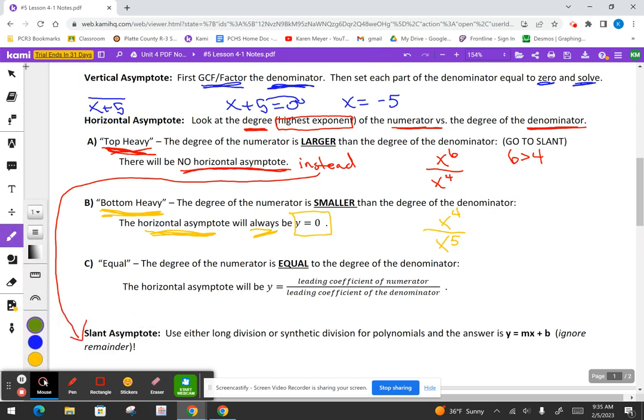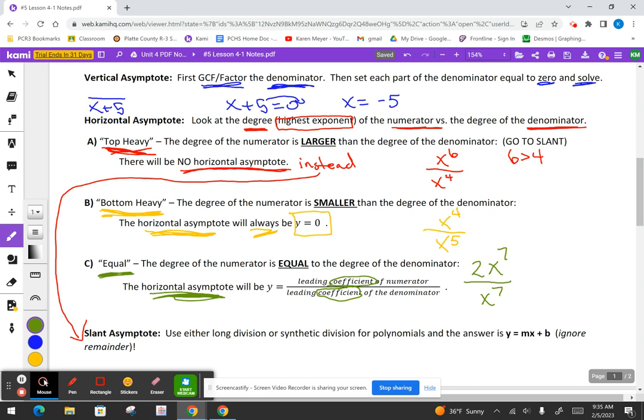Okay, then what if we had 2x to the 7th over x to the 7th? Now, when you look at these exponents, you have a 7 on top, 7 on bottom, so they're equal, they're the same. If they're equal, then you will have a horizontal asymptote, and it's going to be the coefficient over coefficient.